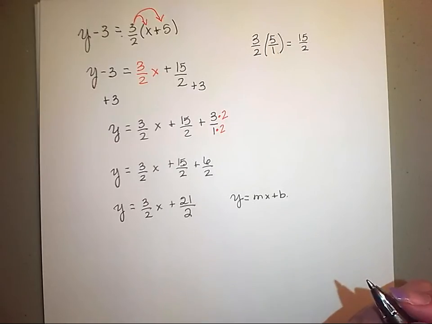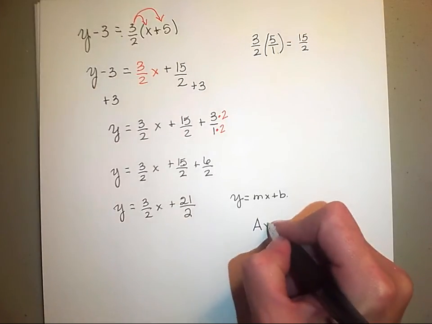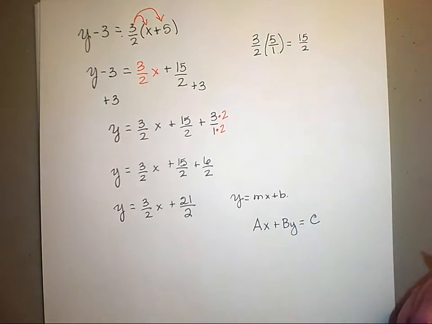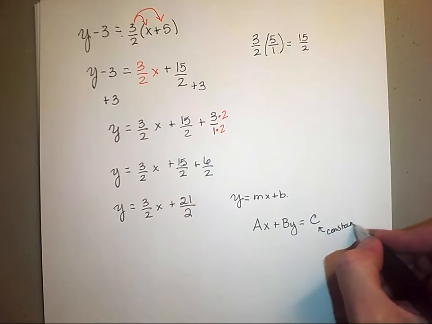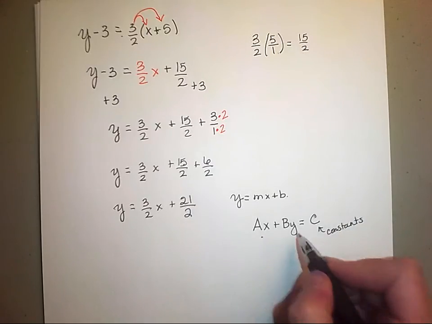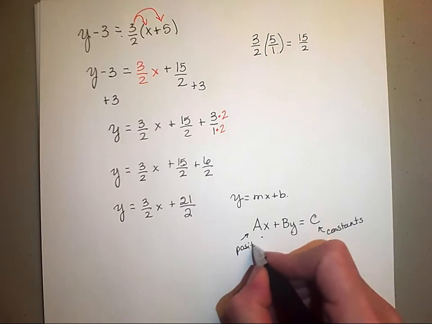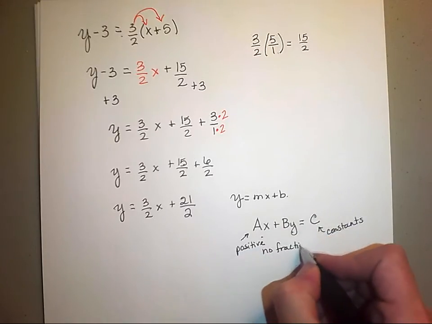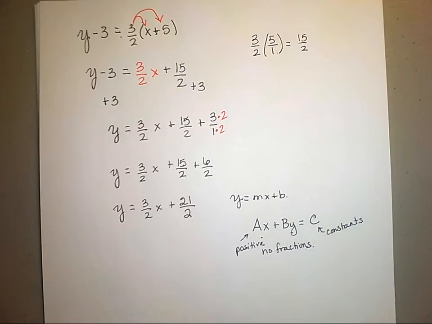Now they want us to find the standard or general form, so it's ax plus by is equal to c. Okay. So this is the constants, no variables. We have the x first, and then the y's. We want a to be positive, and no fractions. Okay, so here we go.